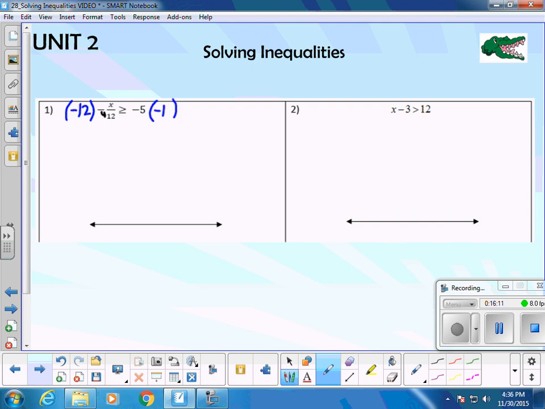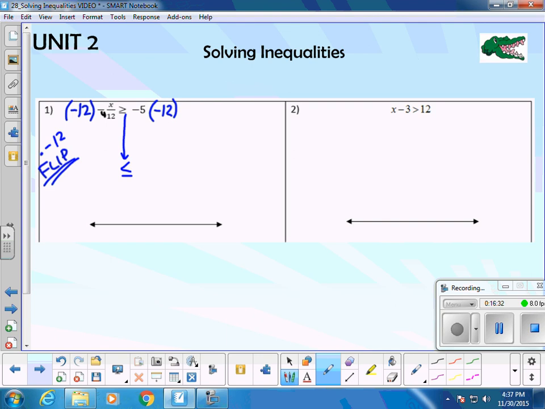Ooh, what's that rule again? If you multiply by a negative 12, then I have to flip, flip, flip. So I'm going to draw this down, and I'm actually going to go ahead and do that so I don't forget, because most of the times when you're solving inequalities, this is the mistake you're going to make.